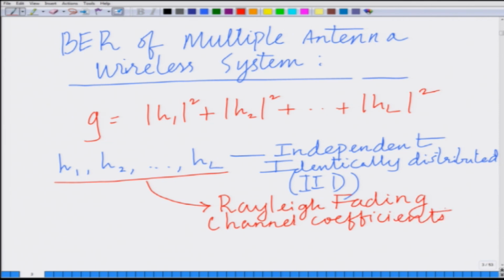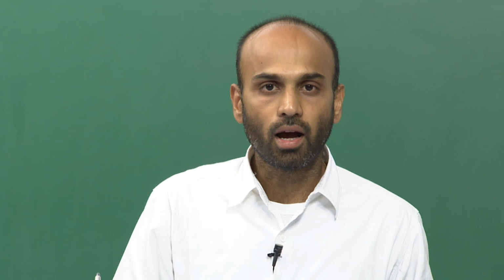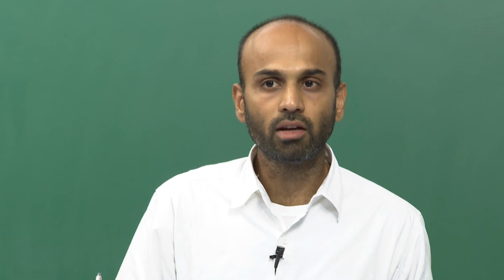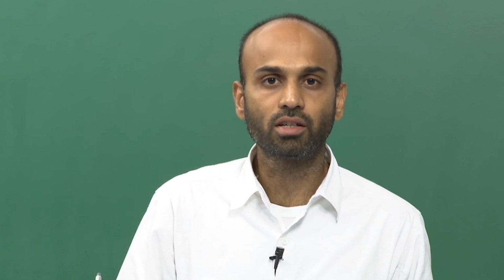That is, if I look at any channel coefficient and I look at the average power, the expected value of magnitude Hi square, that is equal to 1. So, these channel coefficients are independent, identically distributed Rayleigh fading channel coefficients with average power unity.